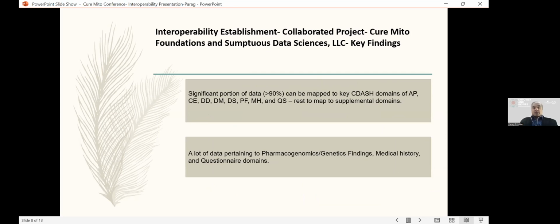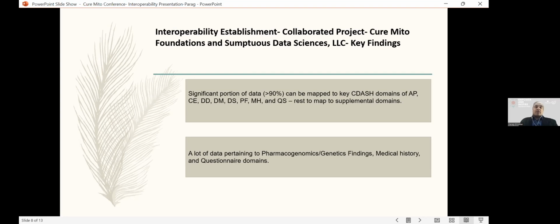So the great news is that more than 90% of data can be mapped to C-dash, and these are some of the representative domains. And again, not to get into too many technical jargons, but these two-letter abbreviations really represent the type of data in C-dash.